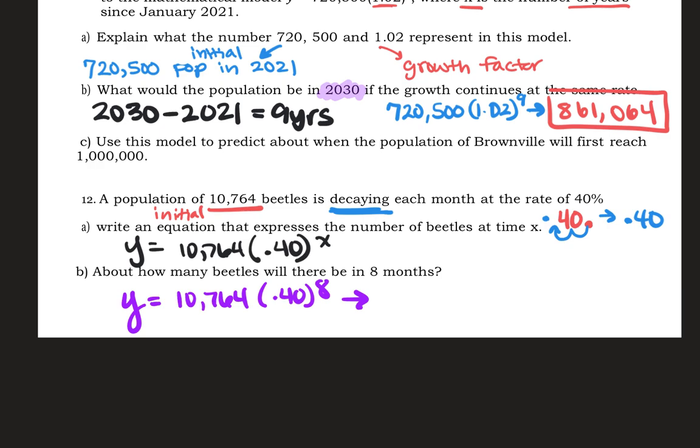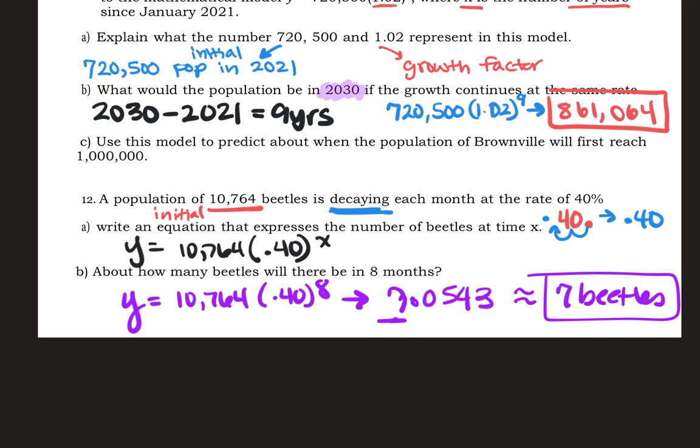Mind you, that 40% is the decay at every month, and we're doing this for 8 months. What did y'all get for your answer? 7.0543. So there would be about how many beetles left? About 7 beetles, because you're going to round it to the nearest whole number.